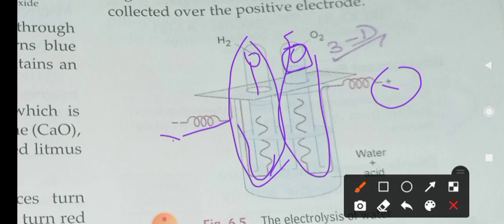The matchstick gets lighted, so the gas is oxygen. You know that oxygen helps burning, so we can confirm it is oxygen. From this we can conclude that the volume ratio of hydrogen and oxygen in water is 2:1. So two parts of hydrogen and one part of oxygen are collected through the electrolysis of water. Do you understand? Yes.